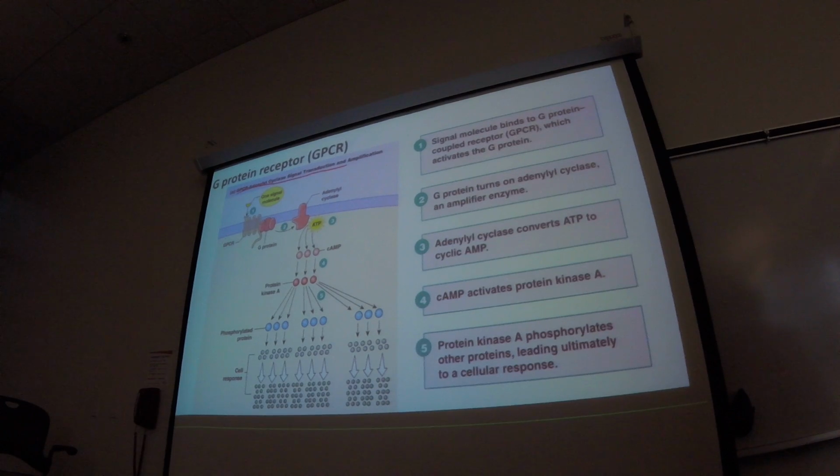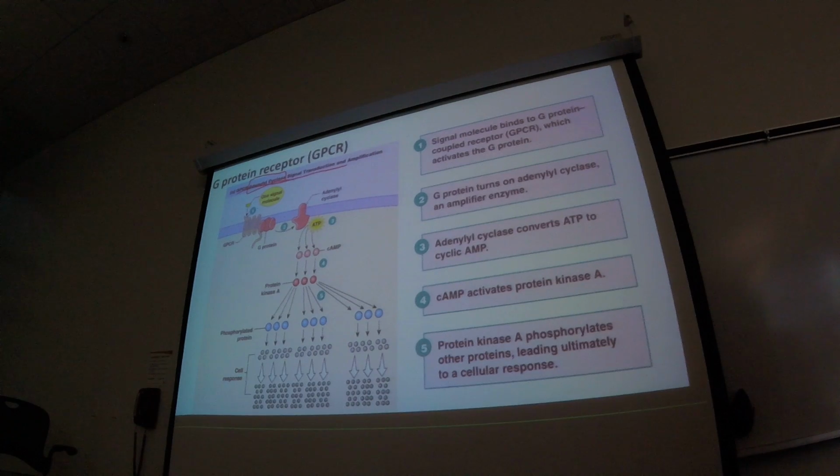This is not the only process that G protein is involved in. G proteins can be involved in a whole bunch of different types of cell transductions. This one in particular is the adenylyl cyclase signal transduction, but they all more or less work in a very similar way. So if you understand this one really well, you'll be able to understand other ones.